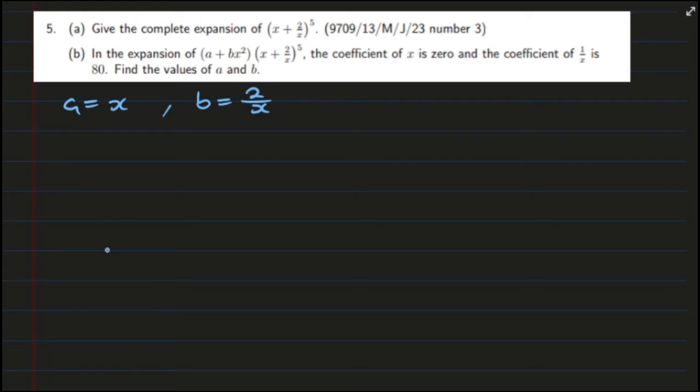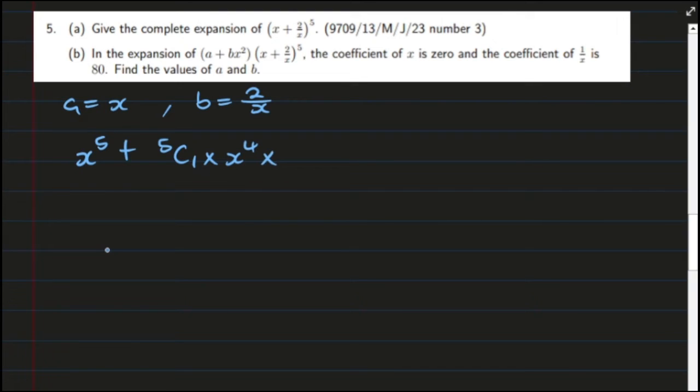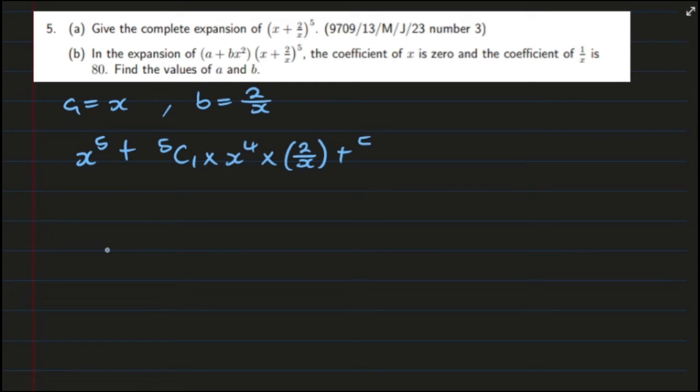So this would become x to the power 5 plus 5 choose 1 times x to the power 4 times (2 over x) to the power 1, plus 5 choose 2 times x to the power 3 times (2 over x) to the power 2.